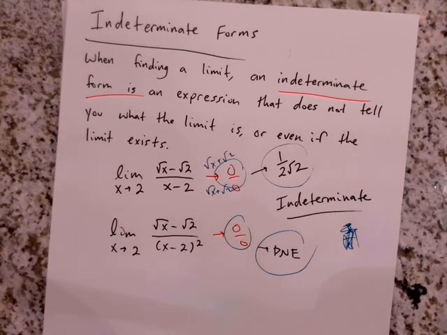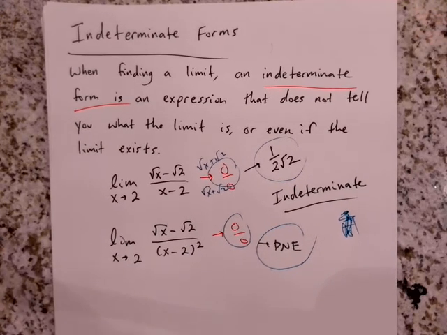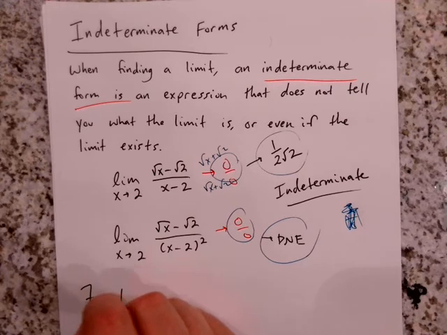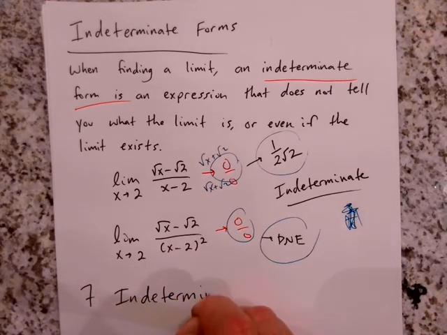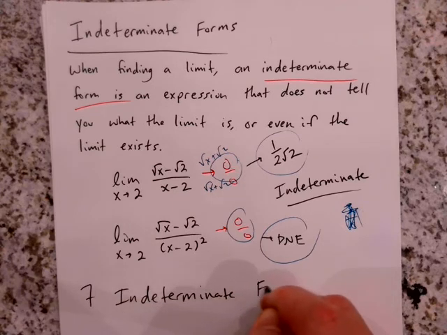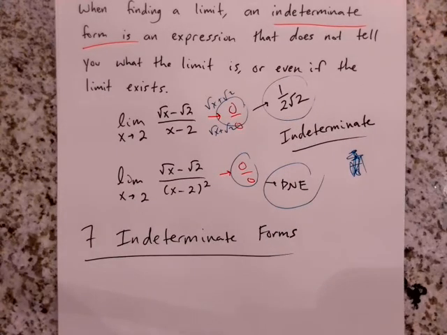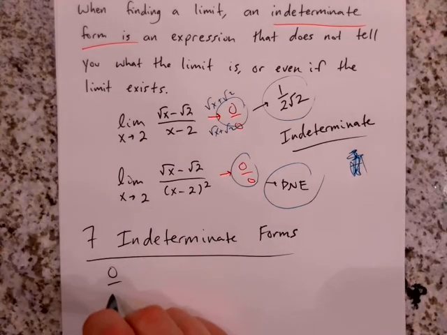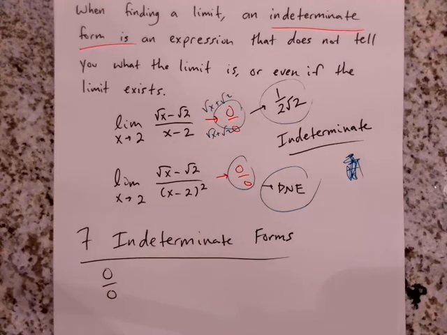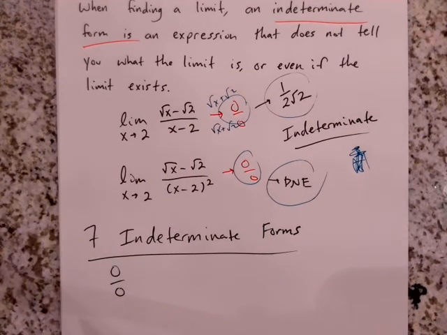And there are 7 of these forms. So the 7 indeterminate forms are 0 over 0, which makes sense because those two factors of 0 are canceling out all of our information and keeping the limit's answer hidden from us.